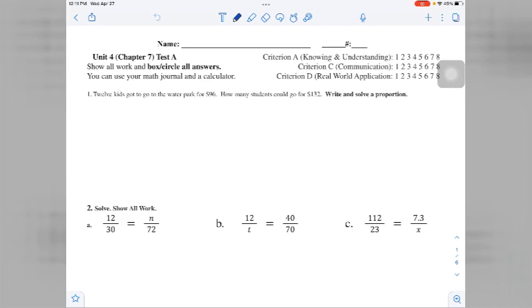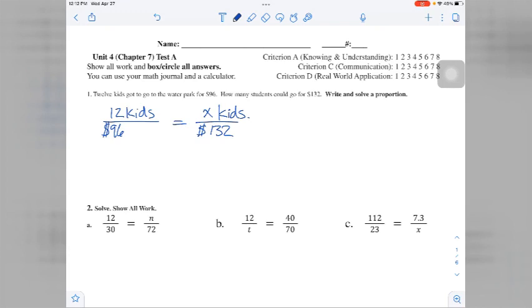It doesn't matter how you write this out, but you need to know that there are 12 kids, and those 12 kids associate with $96. So we need to find an equivalent ratio to that, one that has $132 in it, and we don't know how many kids. So we're going to say we have X kids.